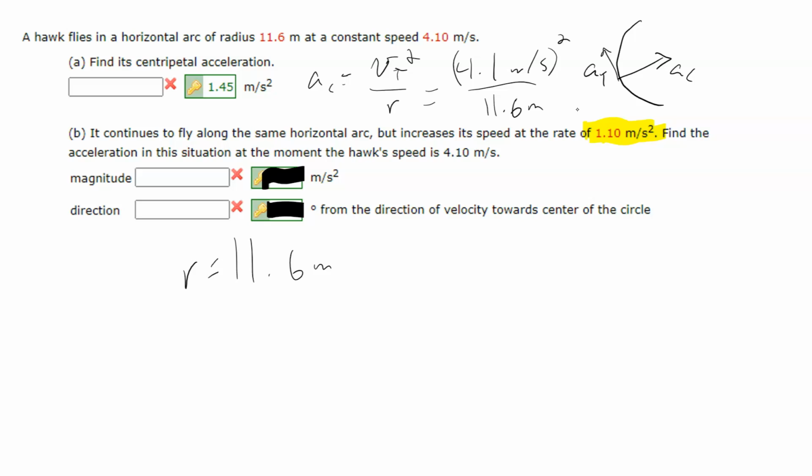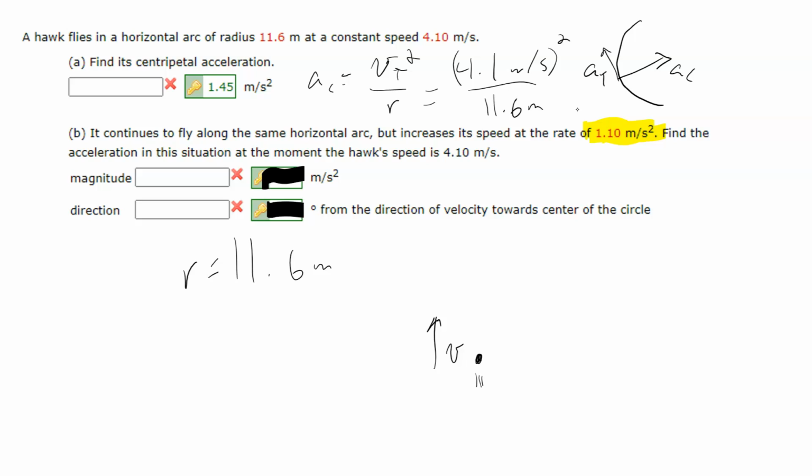So when an object is moving along in a certain direction, let's say this is our direction of velocity for some object. If we have an acceleration vector in the direction it's moving, it's going to speed up. If we have an acceleration vector in the opposite direction that it's moving, it's going to slow down.